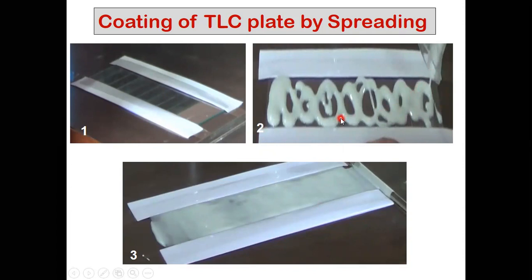After the pouring, with the help of a glass rod, spread the slurry evenly by applying very small pressure. In this way, a uniform layer of adsorbent is formed. Similarly, you can follow the same procedure to coat the big size glass plate with the slurry.